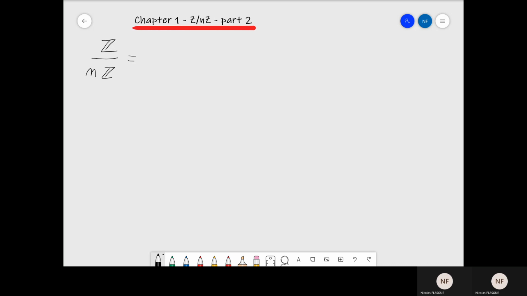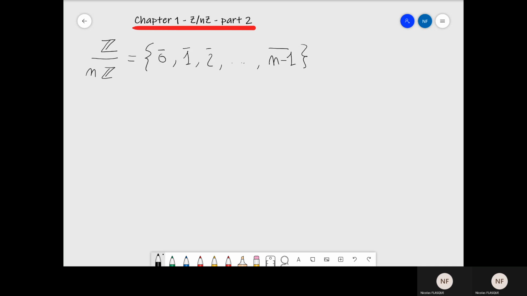So if you remember what we've seen in part 1, Z over nZ is a set of equivalence classes where all the elements from 0 bar to n minus 1 bar represent a set of numbers with the remainder of the Euclidean division by n.